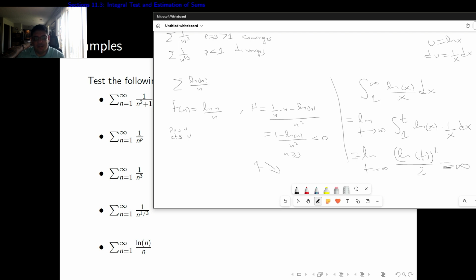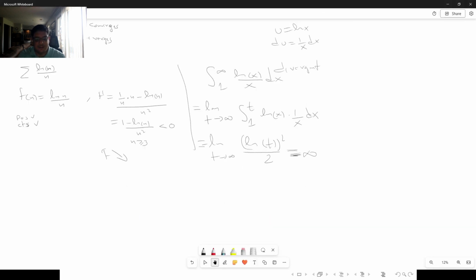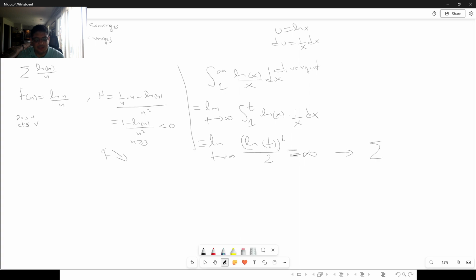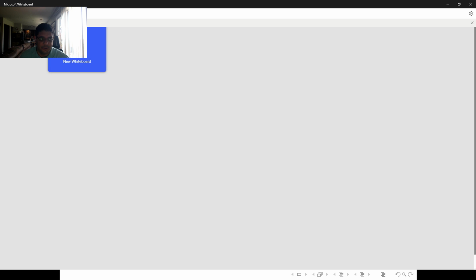So what happens here is that this is a divergent integral, and because it's a divergent integral, then it's a divergent series. So this implies that the series of ln of n over n diverges as well. Okay, so that's the use of the integral test for one side on convergency and the other side on divergency.